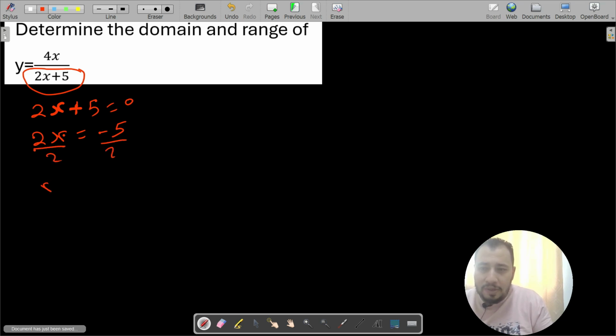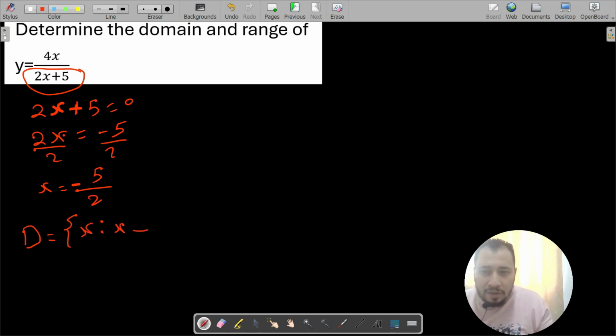So x equals negative 5 over 2. That means the domain equals x, where x cannot equal negative 5 over 2. Now you are telling me that you can put x here with any value other than negative 5 over 2.